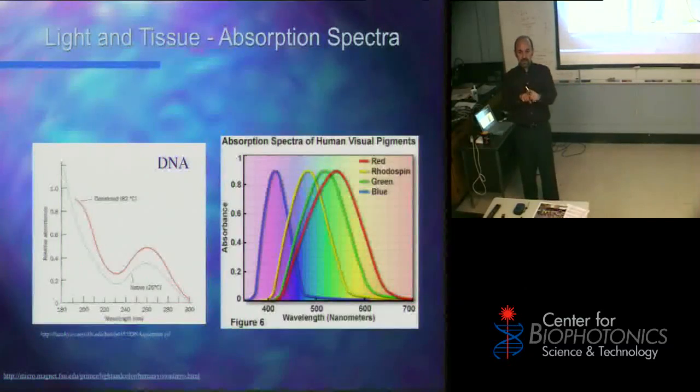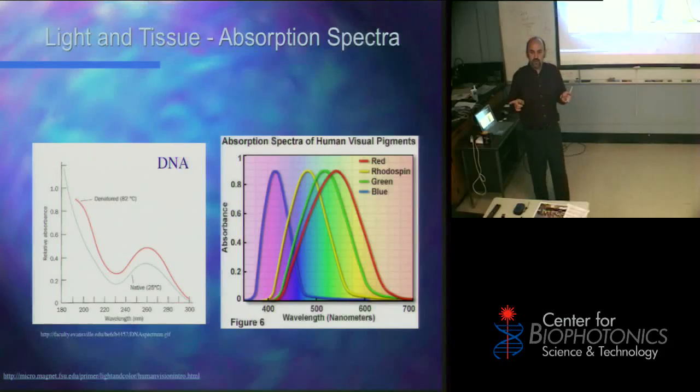DNA that's denatured, meaning that it's fallen apart, the two strands are not together anymore, will look like that. DNA at 82 centigrade will separate. At 25 centigrade, it tends to be together in a double helix. Okay? And you can use this to figure out properties of how strongly those helices stick to each other.